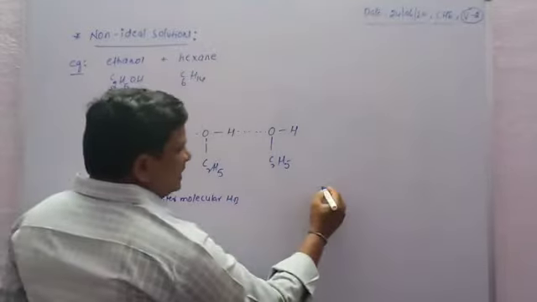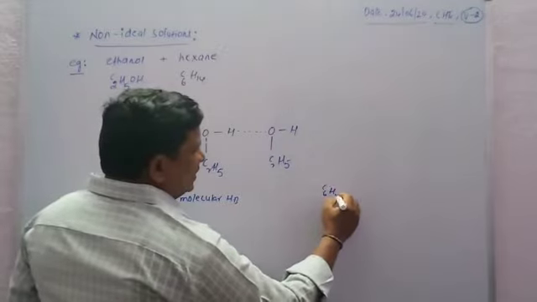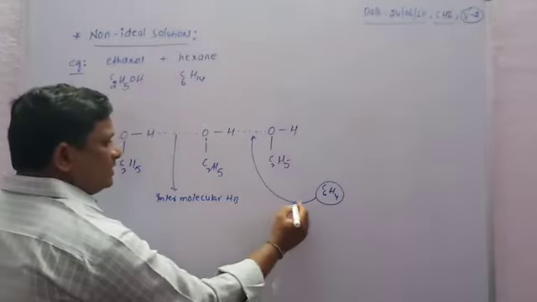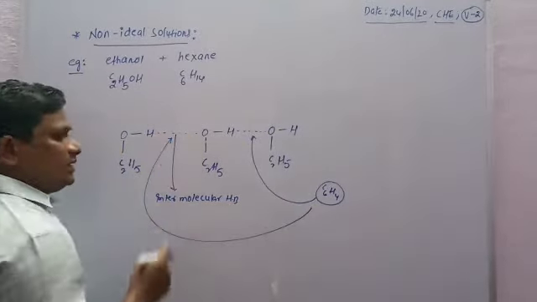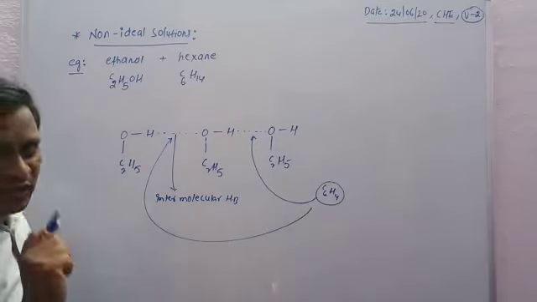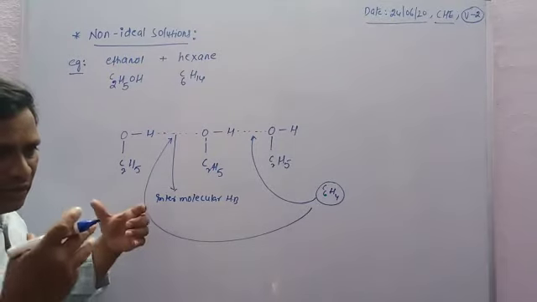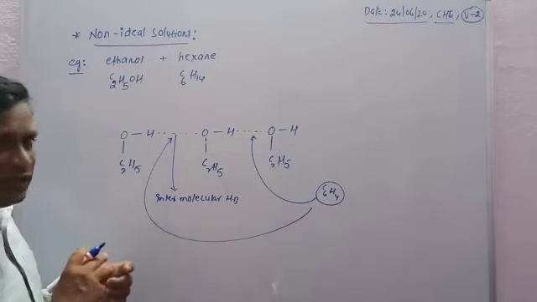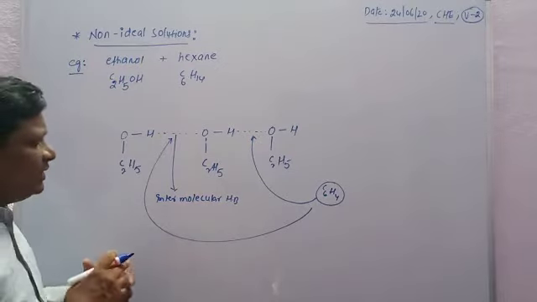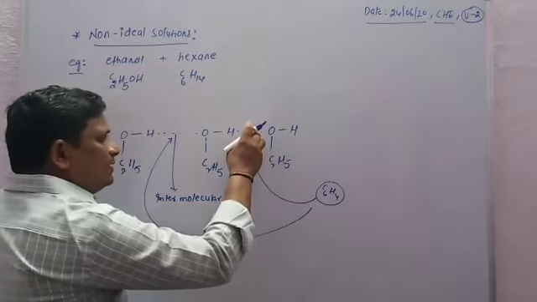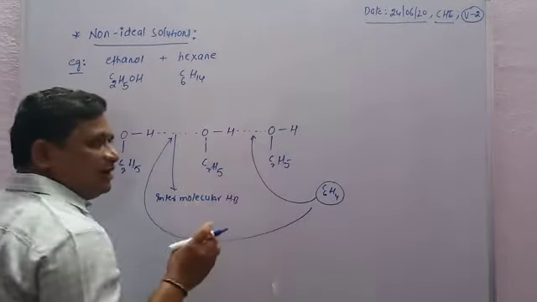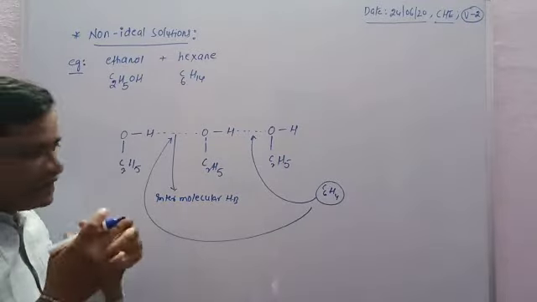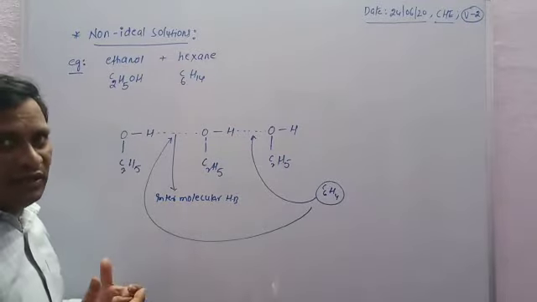Now this hexane, C6H14, the hexane molecules are occupied between the ethyl alcohol molecules. These occupy the space between the ethyl alcohol molecules, so the interactions become weaker.